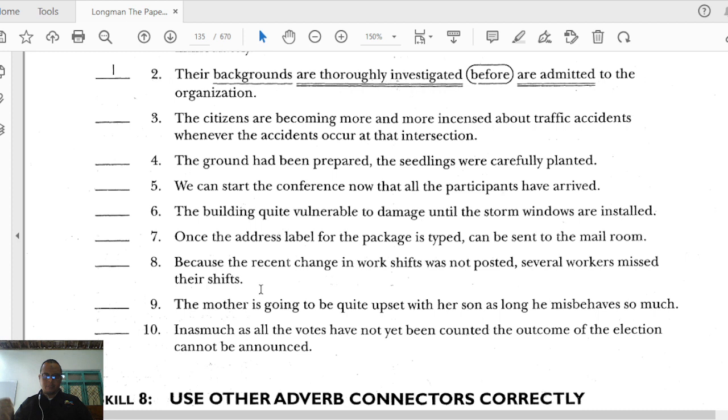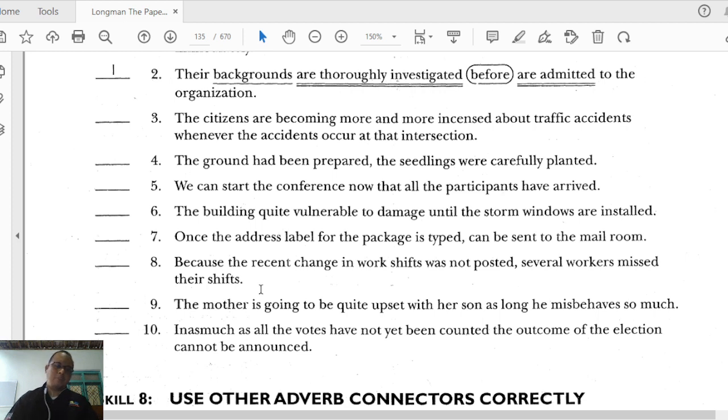We can start the conference now. Whereas all the participants have arrived, ya, bukan that all, kata sambungnya nggak pakai that, ya, salah.